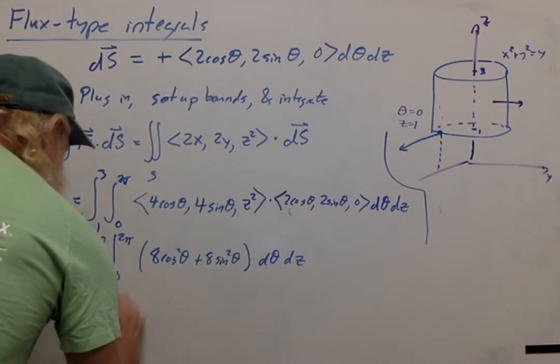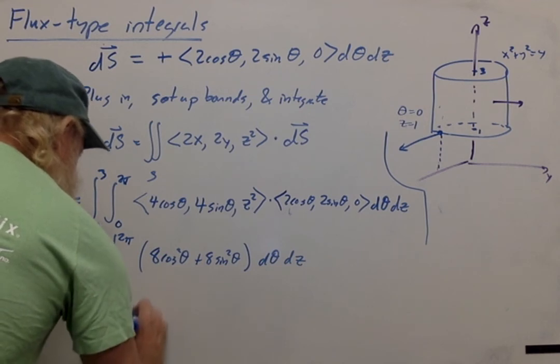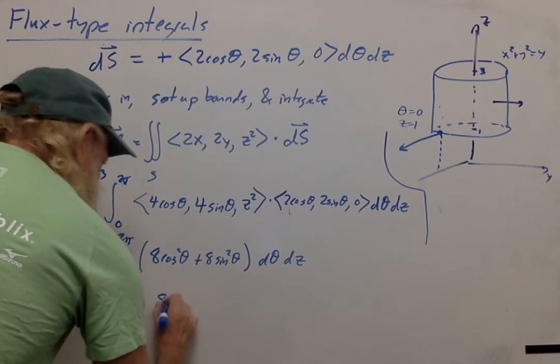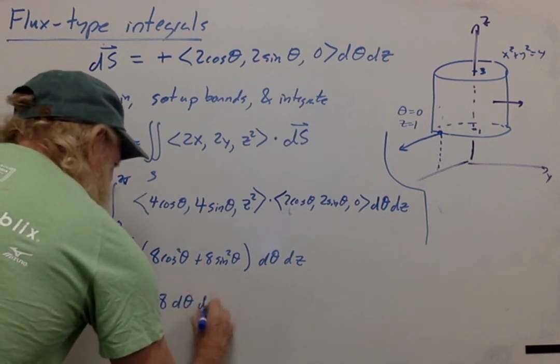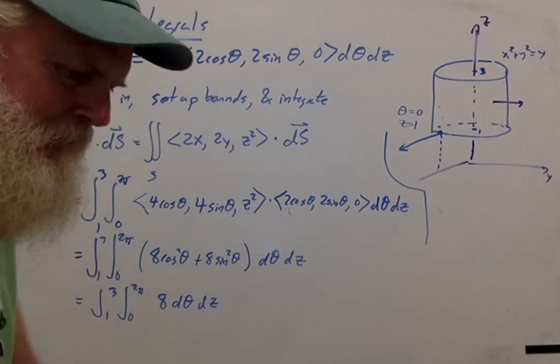So this is the integral from 1 to 3, integral 0 to 2 pi of 8 d theta dz.